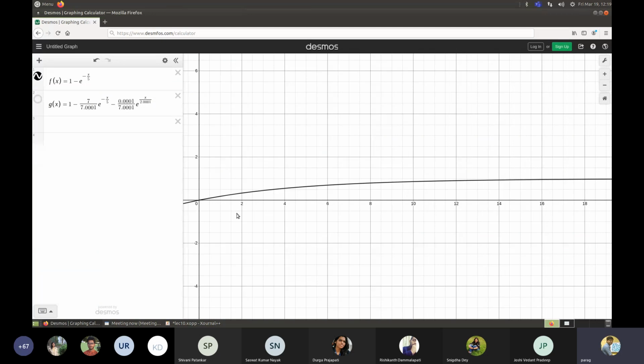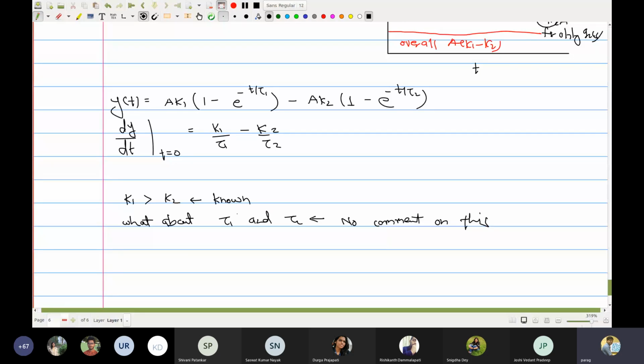Dy by dt was always positive and it settled to a value 0. So let's write here t, dy by dt.